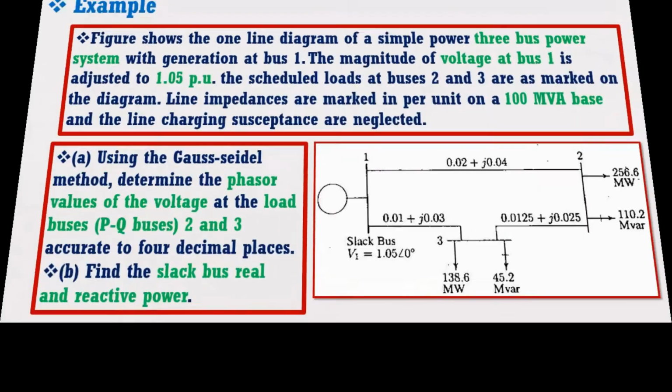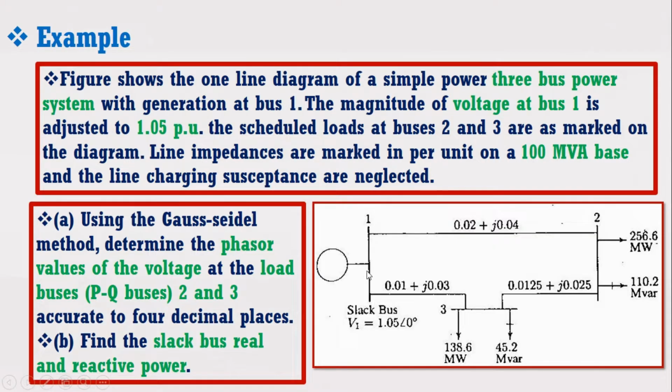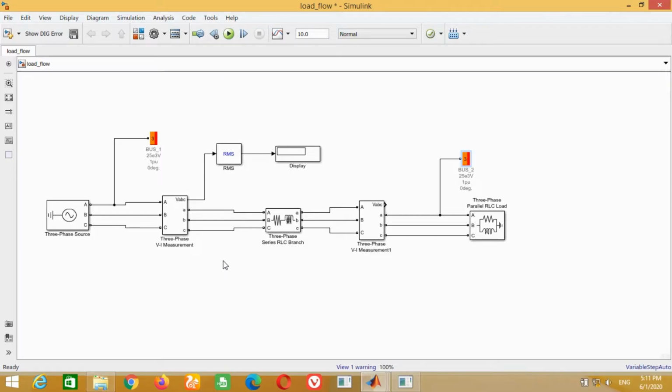Now we have to connect a transmission line from bus 1 to bus 3 having resistance of 0.01 per unit and reactance of 0.03 per unit. To do this, copy the 3-phase series RLC branch and connect it in this way.